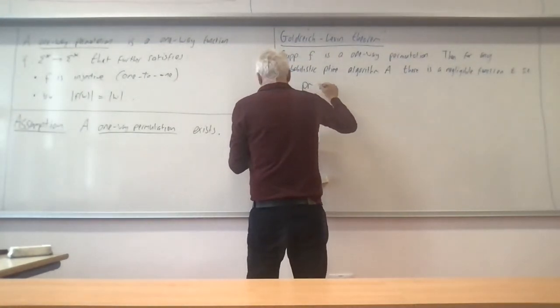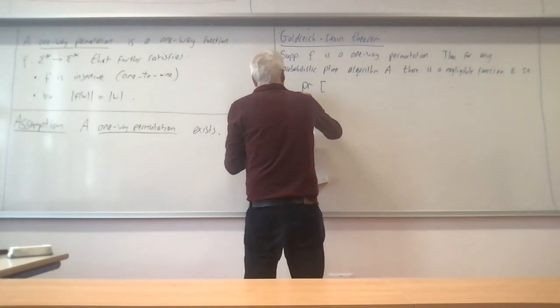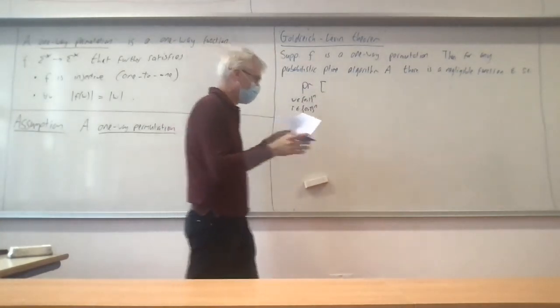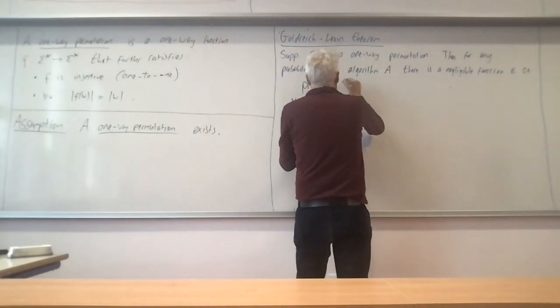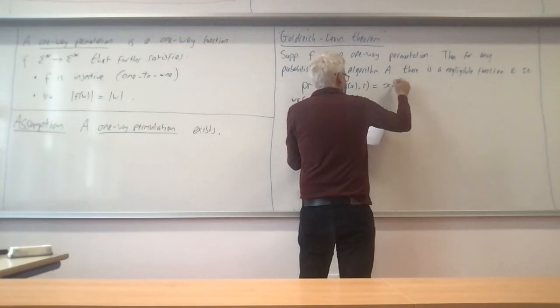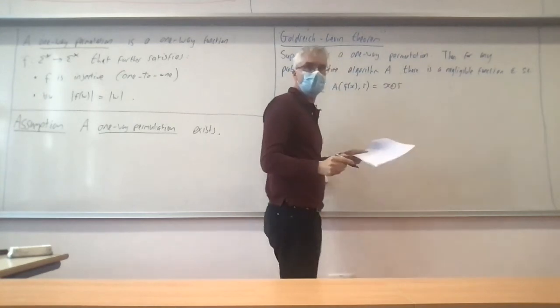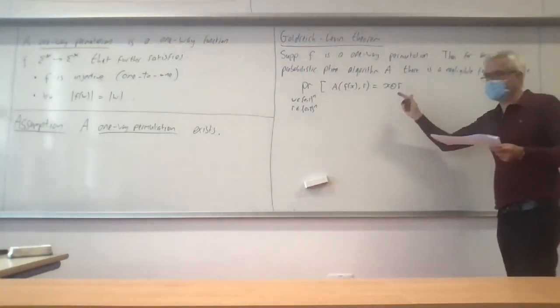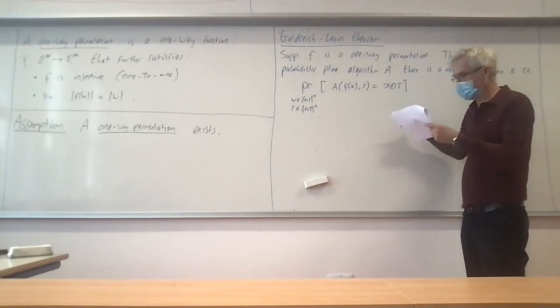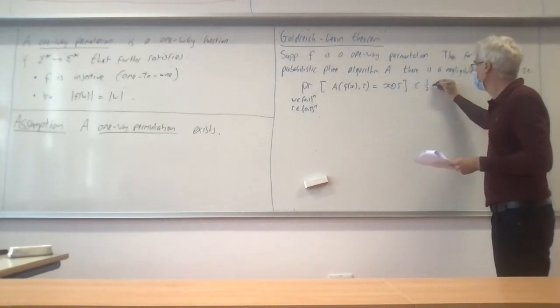the probability, over a randomly chosen w of bit length n and a randomly chosen r, a bit vector of length n as well, so two randomly chosen bit vectors, that if we apply our algorithm A to the two inputs f(w) and r, the result is the dot product of the two vectors, the scalar product modulo 2, that's why there's a circle around it, since we're talking about bit vectors, is less than or equal to a half plus epsilon of the length.